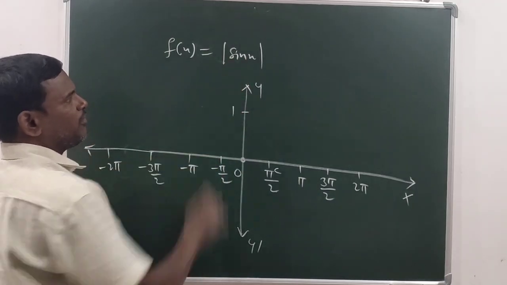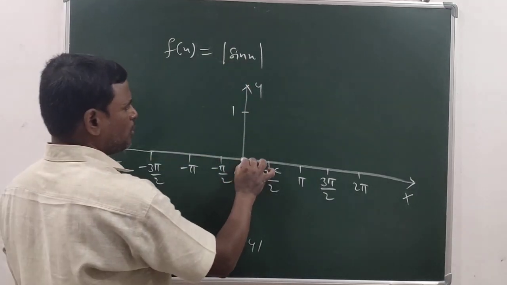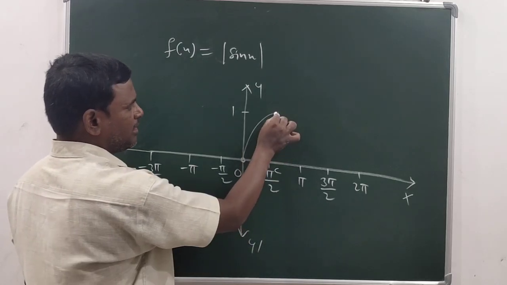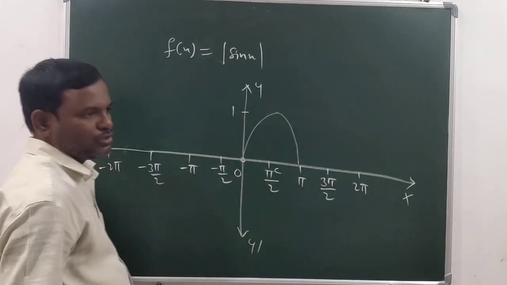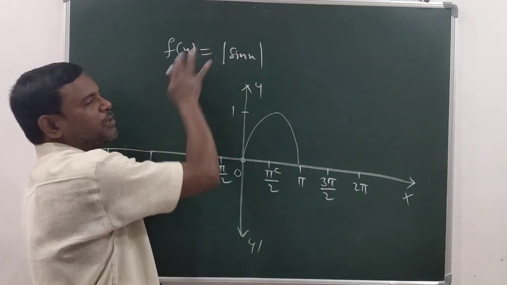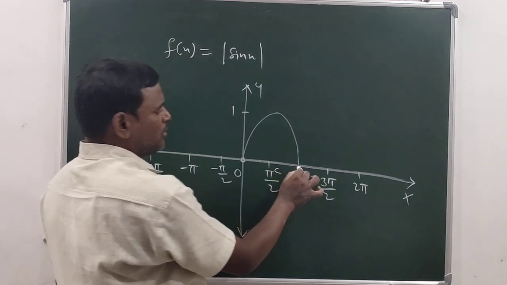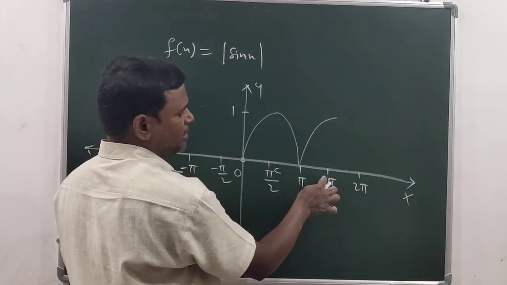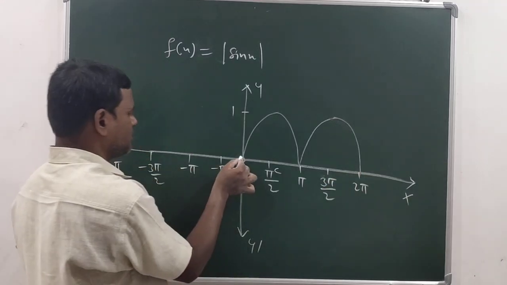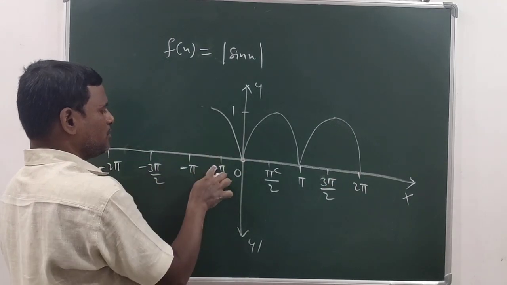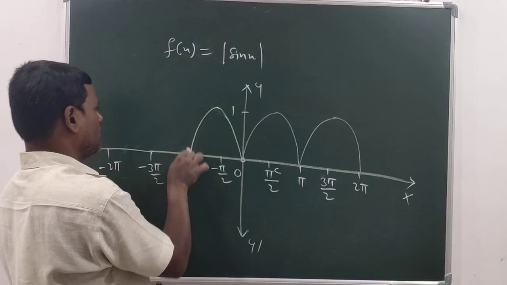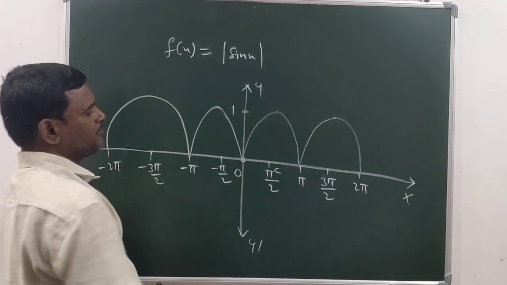If you draw the graph of mod sin x, you know it attains maximum value 1 when x is 90. So it comes down to pi. It will not go below the x-axis because the mod symbol is there, so it is always positive. So you get again like this. At 270 it attains 1. Again it will go like this. Here, at minus 90, it attains maximum value 1. It comes down, so it goes like this.